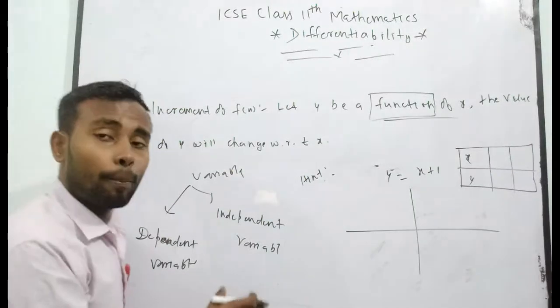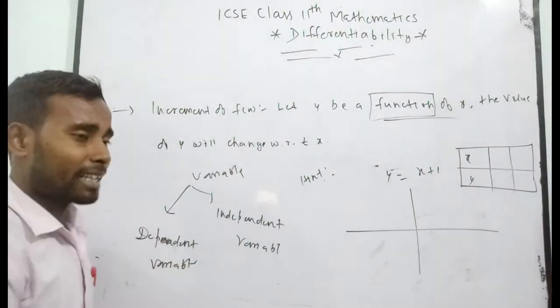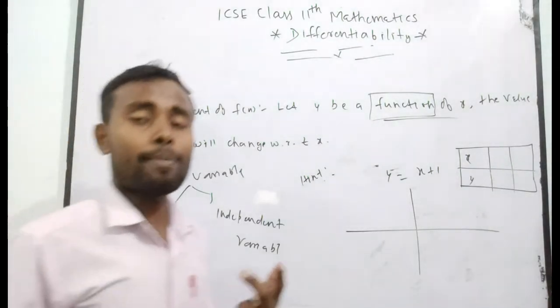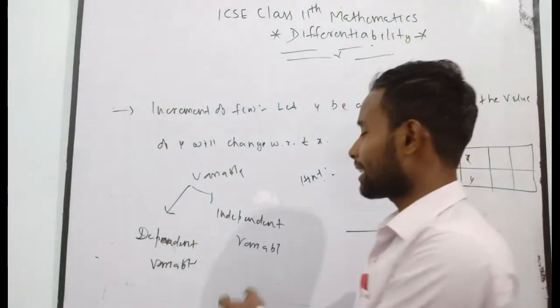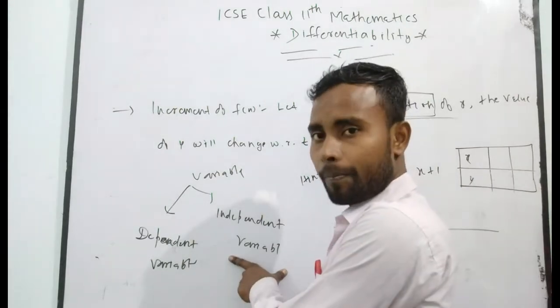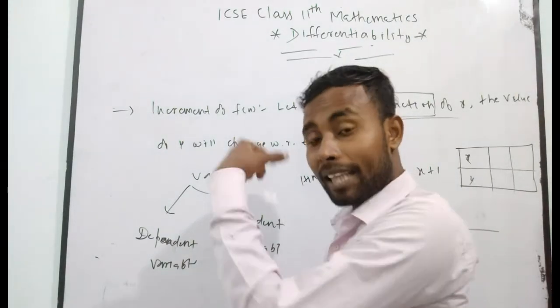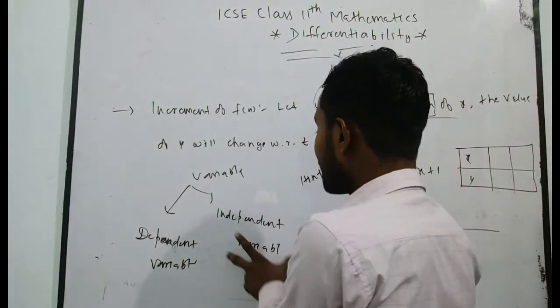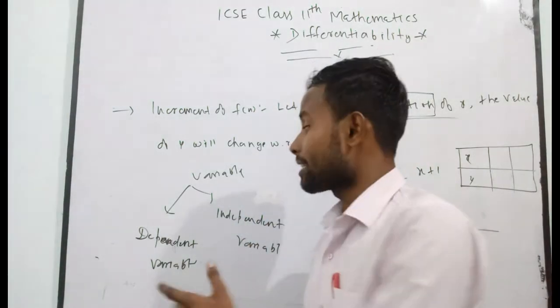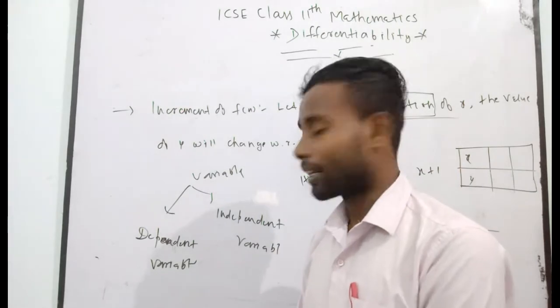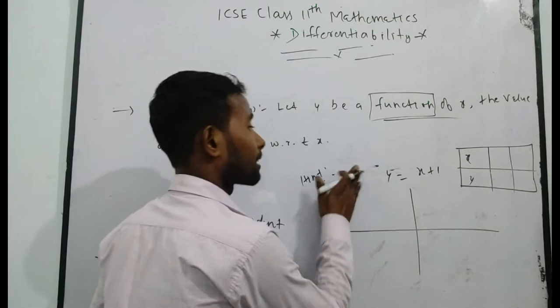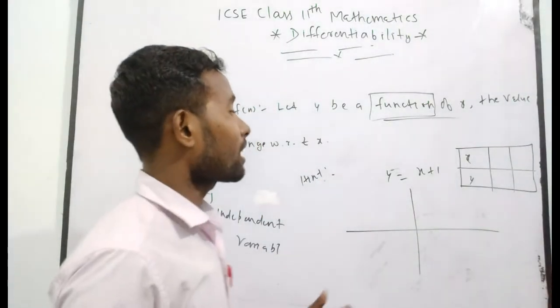Dependent means that if the value of a variable depends upon another variable, then that other variable is the independent variable. And the variable whose value depends on the independent variable is called the dependent variable.